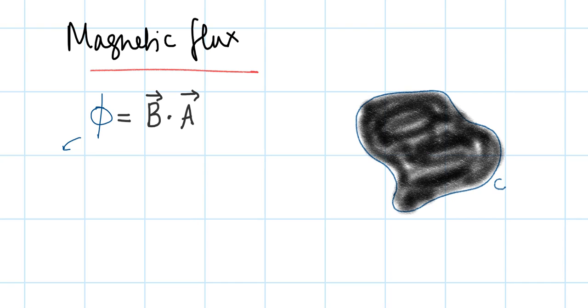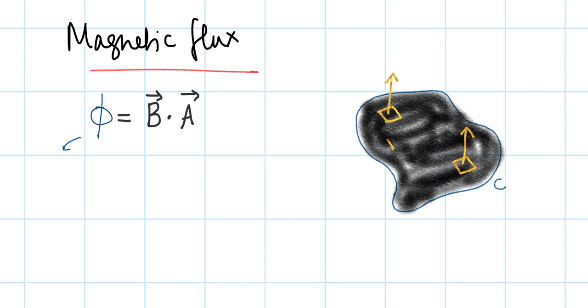Now let the shaded surface of C be a flat surface, which means any tiny area within the surface has an area vector which will be parallel to any other elemental area within the same closed loop.